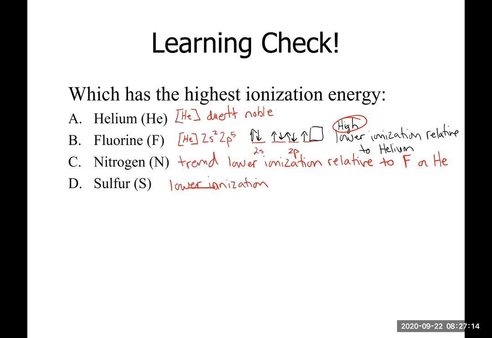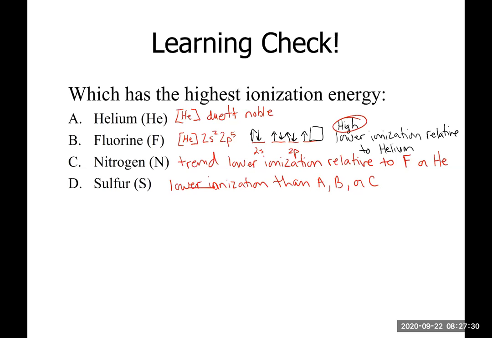So it really has a lower ionization energy than A, B, or C, helium, fluorine, or nitrogen. And so clearly our answer to this question is helium.